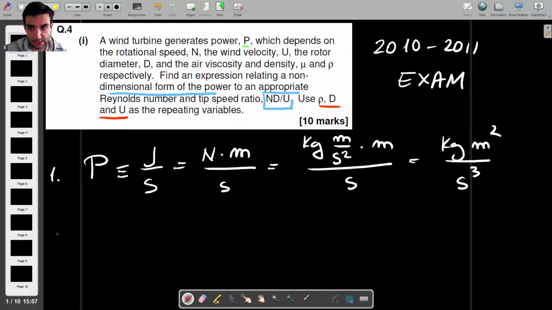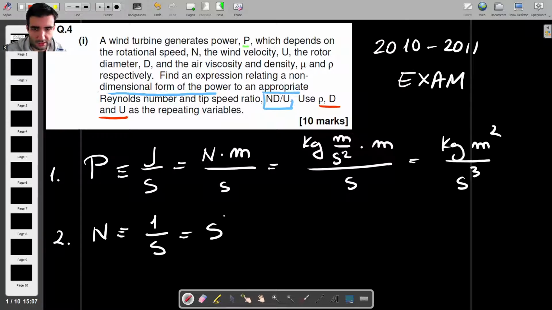The second one is n, which is the rotational speed. The rotational speed could be radians per second or second to the minus 1. Whichever one it is, this is going to turn into 1 over second, or s to the minus 1.